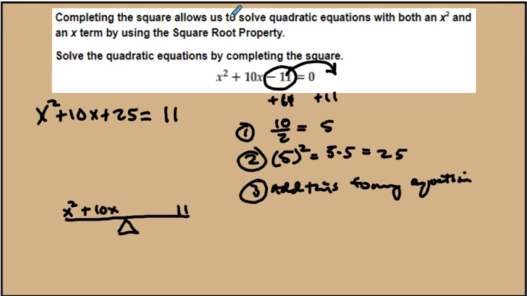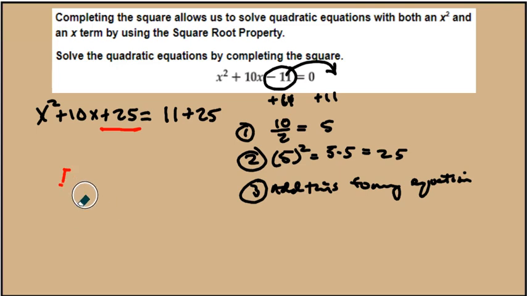Then I take 25 and drop it on this side. That's going to throw it out of balance. So in order to keep it in balance, I have to put another 25 on the other side. I added it here, so I need to add it here. That's the basic principle of algebra: whatever you do to one side, you do to the other. I thought the visual might be helpful for that.